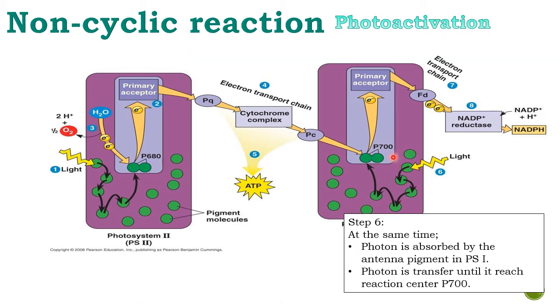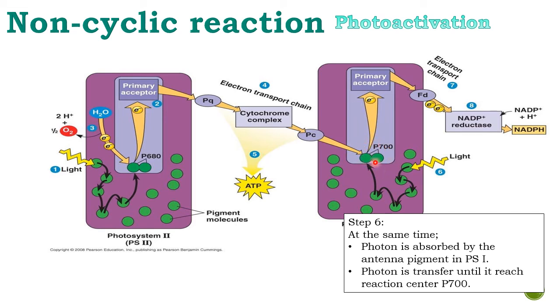At the same time, photons are absorbed by antenna pigments in photosystem 1. The photon is transferred from one antenna pigment to another until it reaches the chlorophyll A in the reaction center of photosystem 1, that is P700. P700 undergoes photoactivation and releases the photoexcited electrons to the primary electron acceptor.